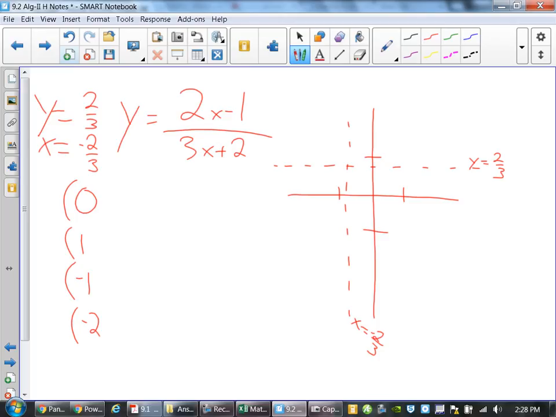And yeah, you will get funky fractions. So if I use 0, you get 2 times 0 minus 1 over 3 times 0 plus 2. You get -1/2. Okay.